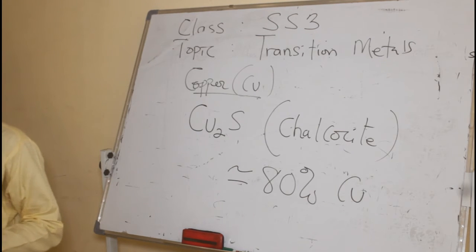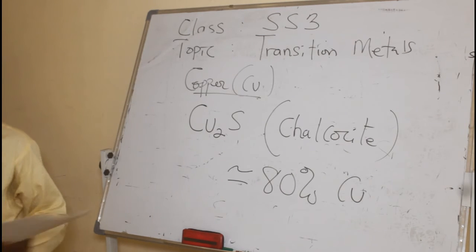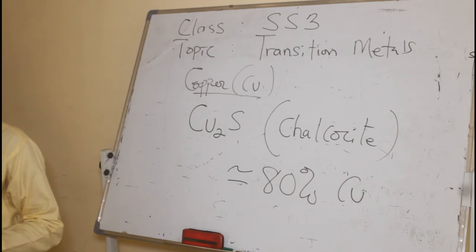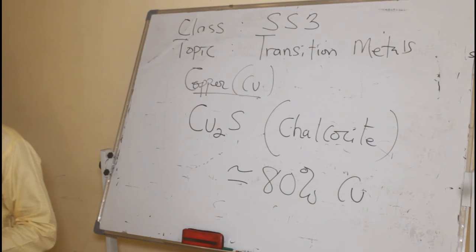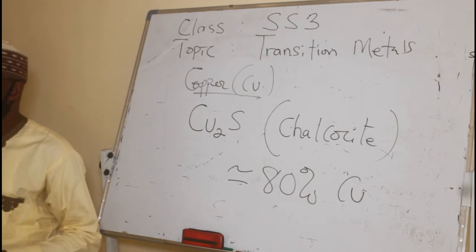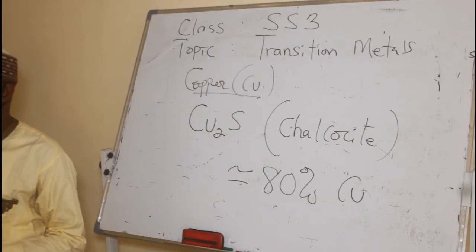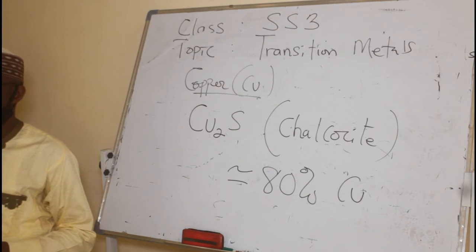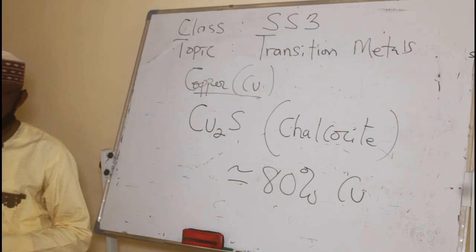You grind it, you make it into finer size particles before you take it to the real extraction process. So after the pre-treatment, you now mix the ore with a lot of reagents and form a solution with proper agitation.